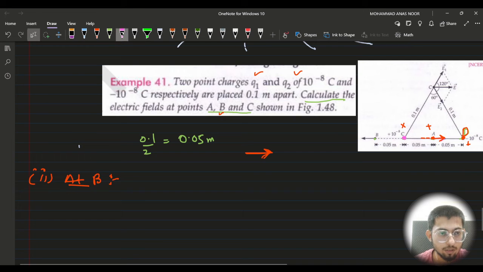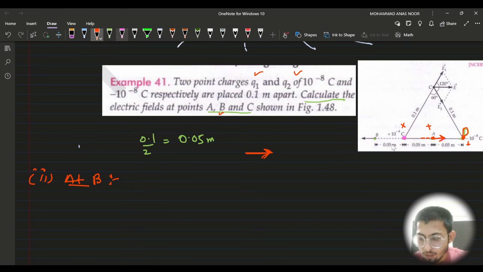Okay, so at B, due to C, no, there is no charge. Due to X, it would be in this direction. And due to this D, what would happen? It would be in the direction opposite, right?